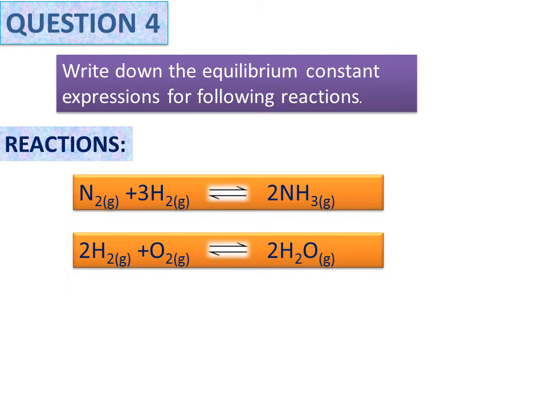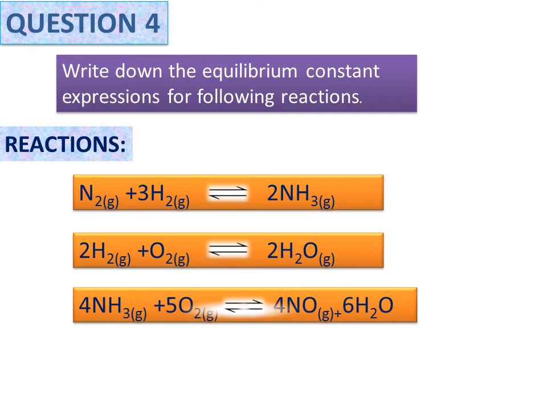The second is when 2 moles of hydrogen react with 1 mole of oxygen gas, it will give us 2 moles of water. And the third one is when 4 moles of ammonia react with 5 moles of oxygen, it will give us 4 moles of nitric oxide plus 6 moles of water. So we will write the equilibrium constant expressions for the following.